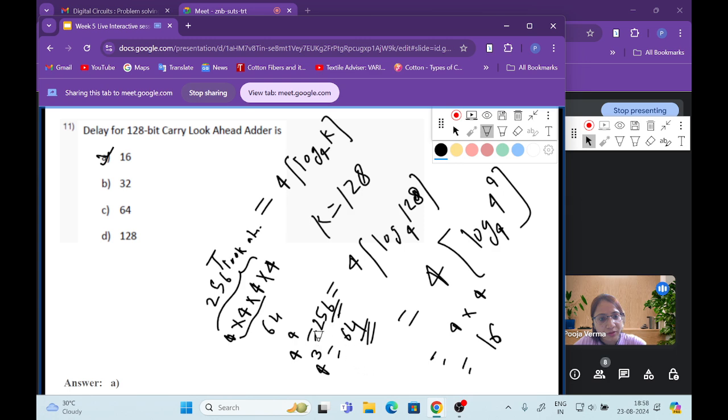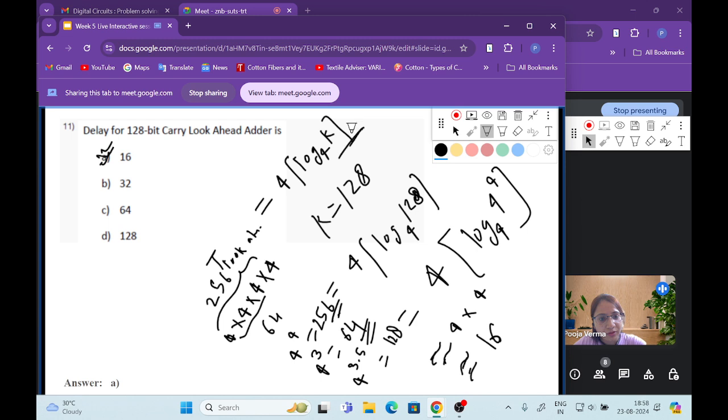Because 4 to the power 3.5 approximately gives 128, we can approximate it as approximately 4. So 64 is the correct answer.